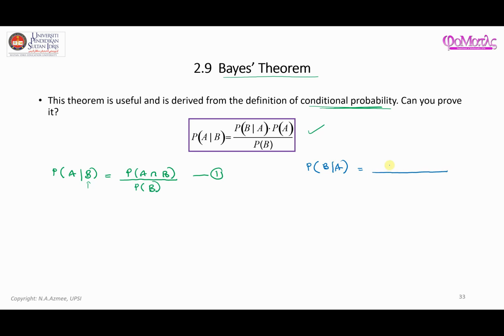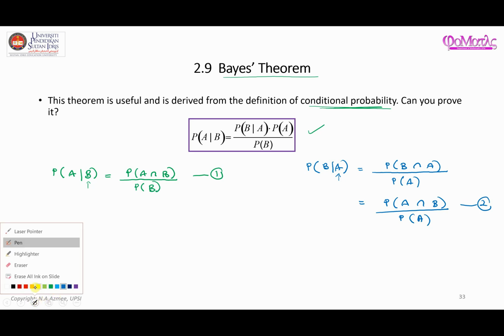Well, again, we need to find the intersection between B and A, and here A has already happened, so we know the probability of that, and we supply it right here at the bottom. And for your information, the probability of B intersects with A is the same thing as the probability of A intersects with B. Right, and this is going to be the second equation.